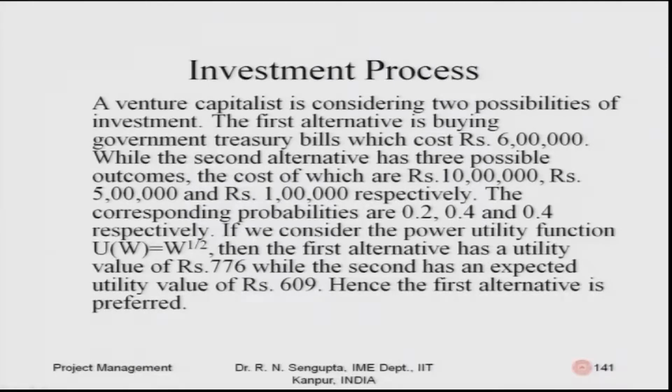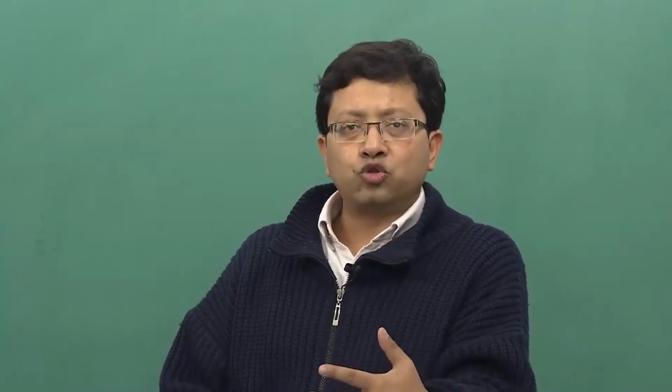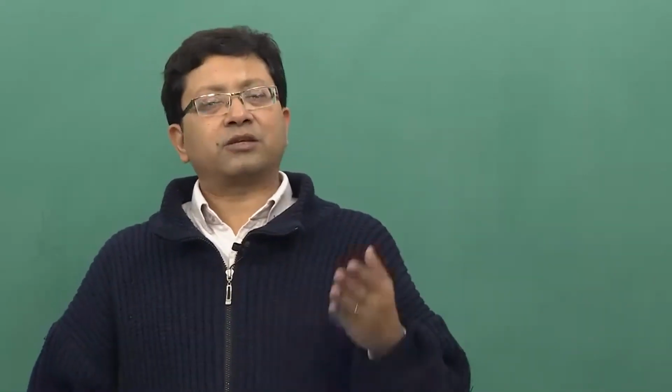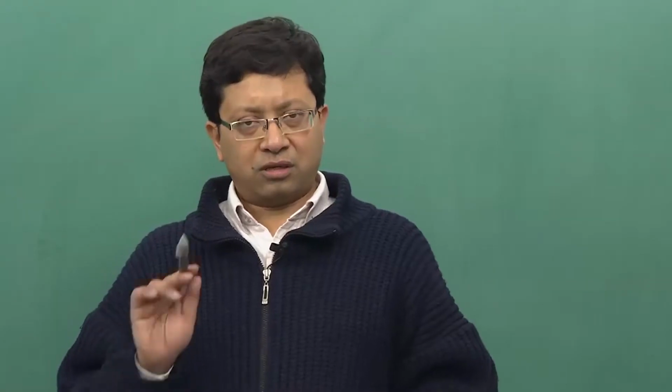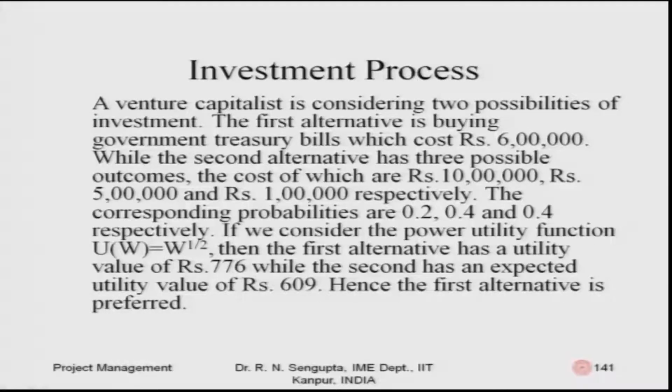Now, let us mention a few things. If you change the utility, say to w to the power 1/4, or w square, or w cube, or w to the power 2/3, whatever it is, the corresponding utility functions change. Hence, the expected value of the utility would also change. Say, for example, it is w square. In that case, for the first decision it will be the square of this value multiplied by 1.